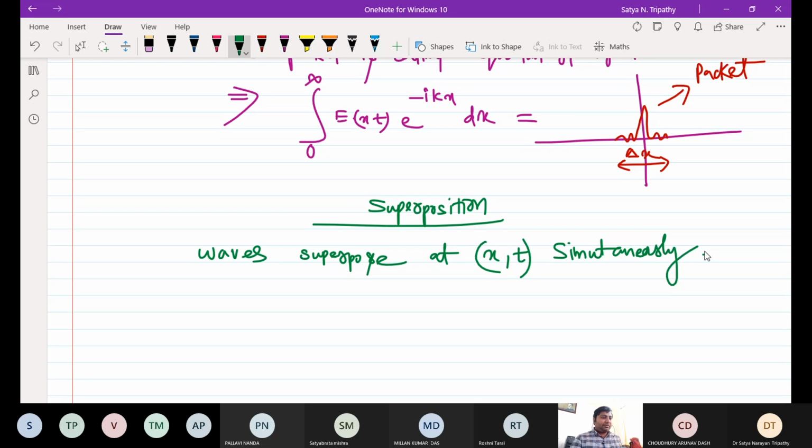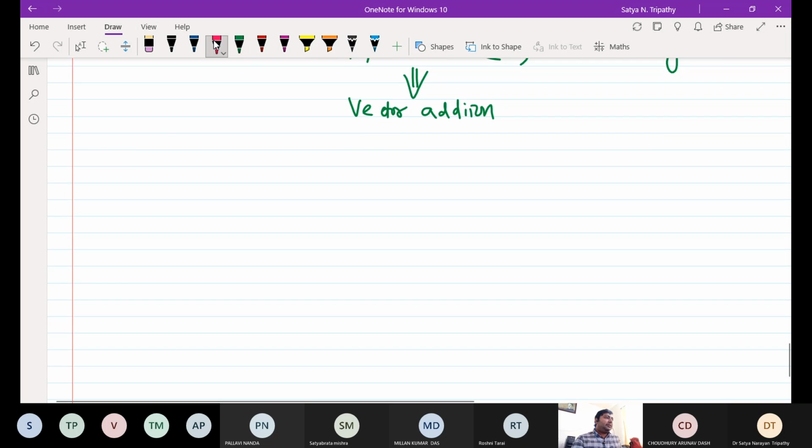Superposition is basically addition of waves, a vector addition. There are three types: interference, then beats, then stationary waves.